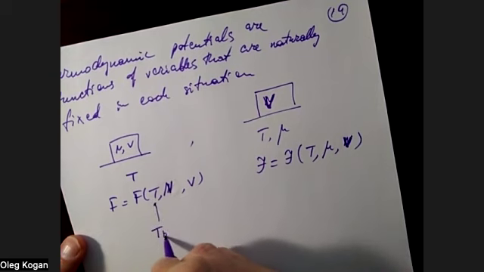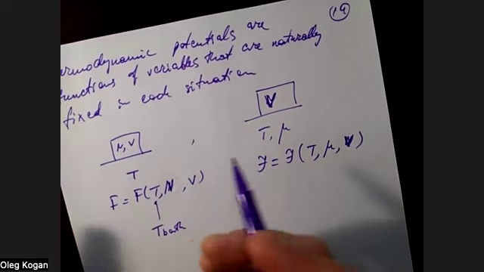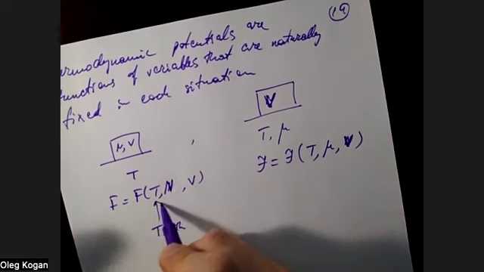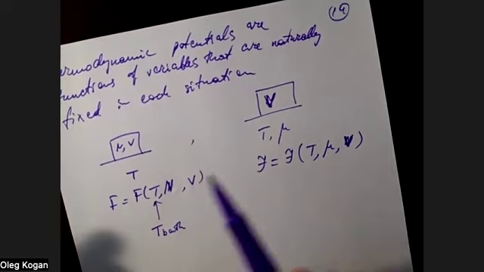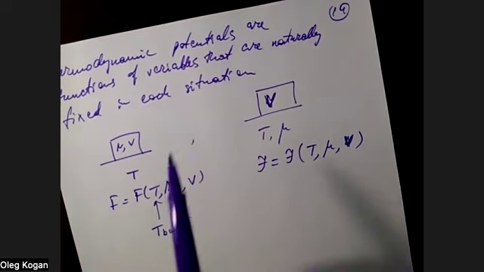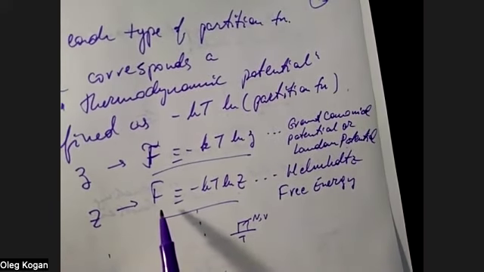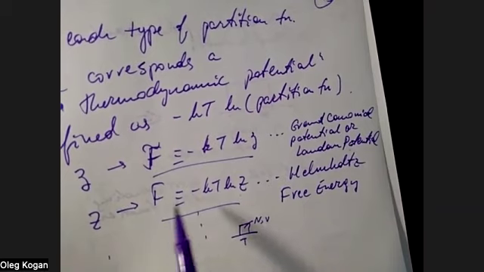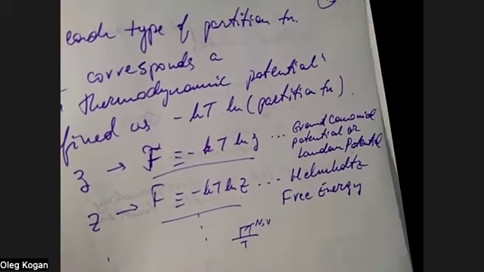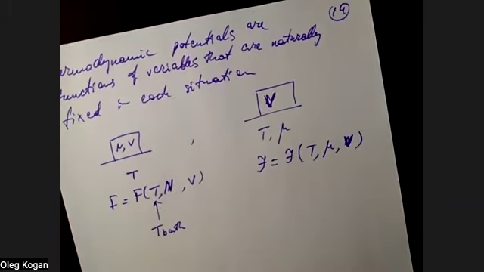So this is really T of the bath. Again, if the system is large, the temperature of the system equals the temperature of the bath. If the system is small, you still have partition function, you still have free energy, and it's still a function of T and V, except that by T, we mean T of the bath, which is fixed.